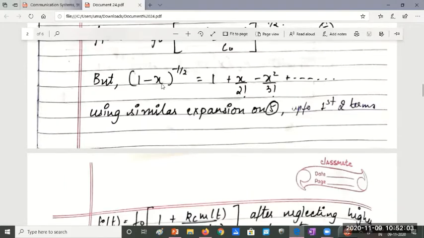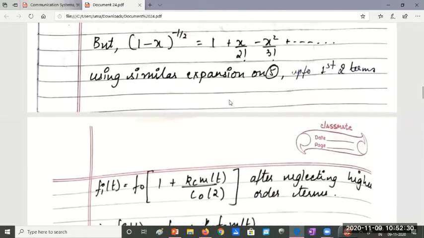If you have x as 0.01, x square will be 0.0001 or 10 to the power of minus 4. So whenever x is small, we usually consider only first two terms in this equation, which involves x directly. I don't want x square and x cubed components.